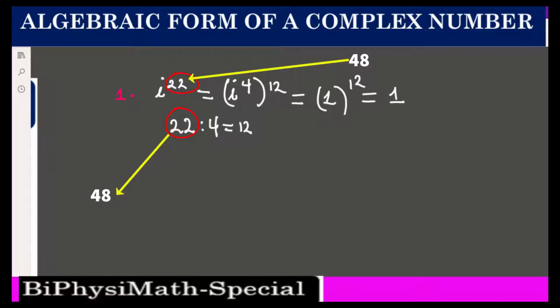This means that i to the power 48 equals 1.